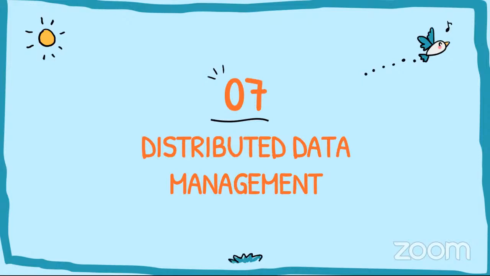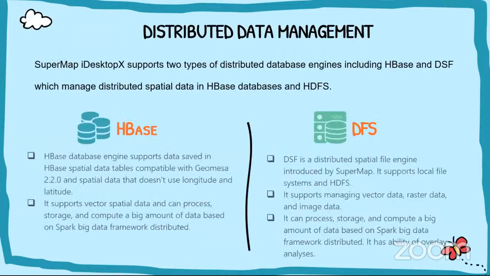Next, we have distributed data management. SuperMap iDesktopX supports 2 types of distributed database engines, including HBase and DFS, which help to manage distributed spatial data in HBase databases and also HDFS.